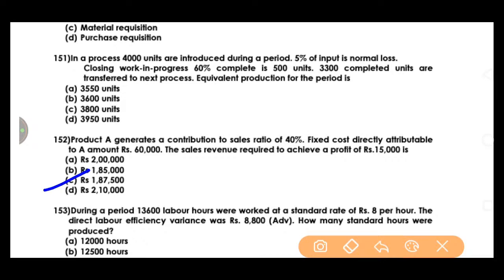So 1,87,500, because 60,000 divided by 60,000 into 40% plus 60,000.